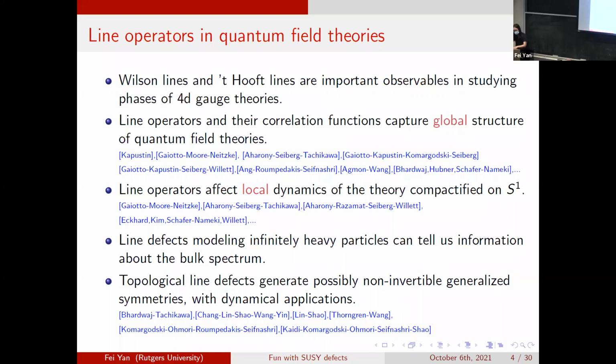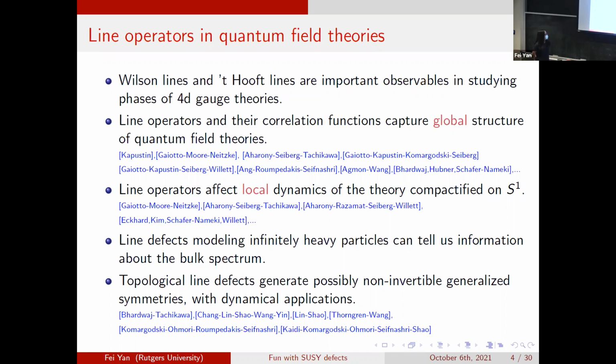May I ask? Here you sometimes use two different definitions of what global means. In your second bullet, it was global in the sense that the global structure of the gauge group matters. And in the third bullet, to see this difference, one needs to do something non-local in spacetime and compactify on a circle. It's a very different notion of local.